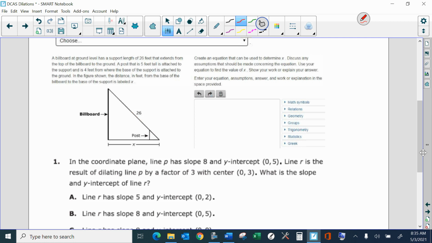A post that is 5 feet tall is attached to a support that is 4 feet from the base of the support, attached to the ground. Here's the support, and it's 4 feet from where the base of the support is attached.